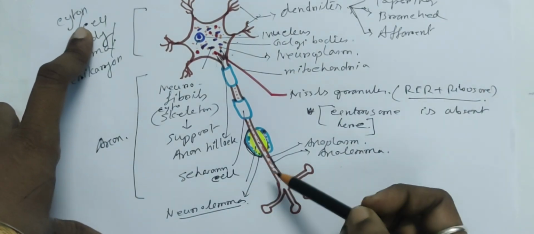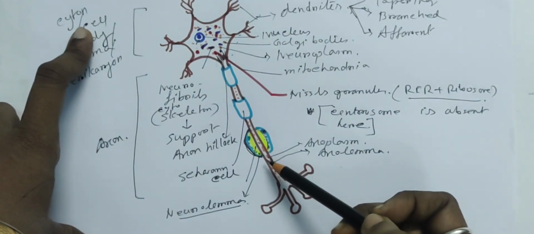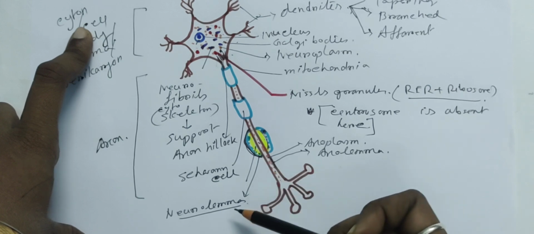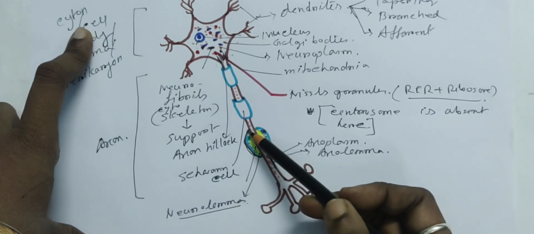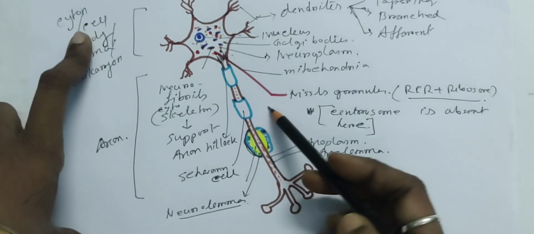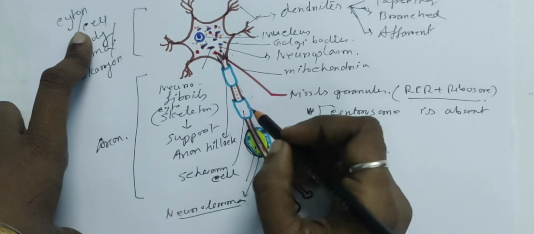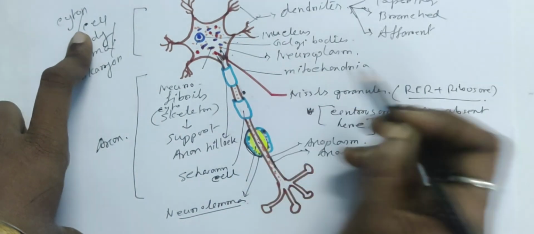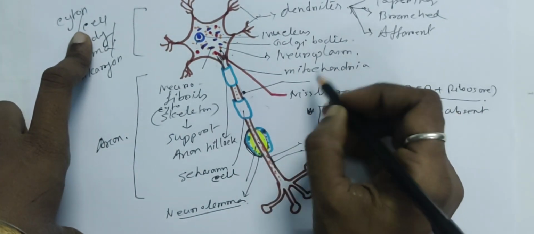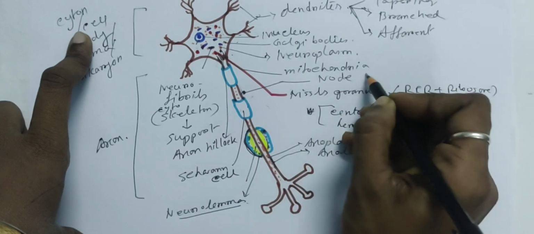Axolemma is the membrane that comes after the axon, and the neurolemma is the membrane that covers the Schwann cells. Between two Schwann cells there is a gap, and that gap is called the node of Ranvier.